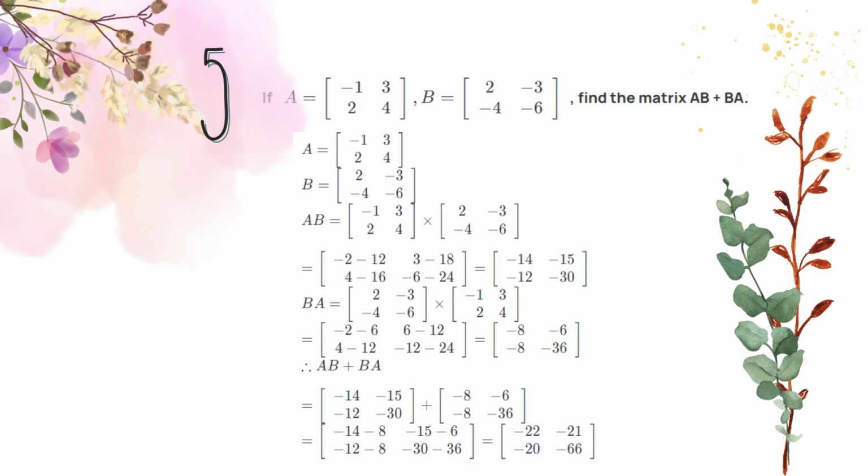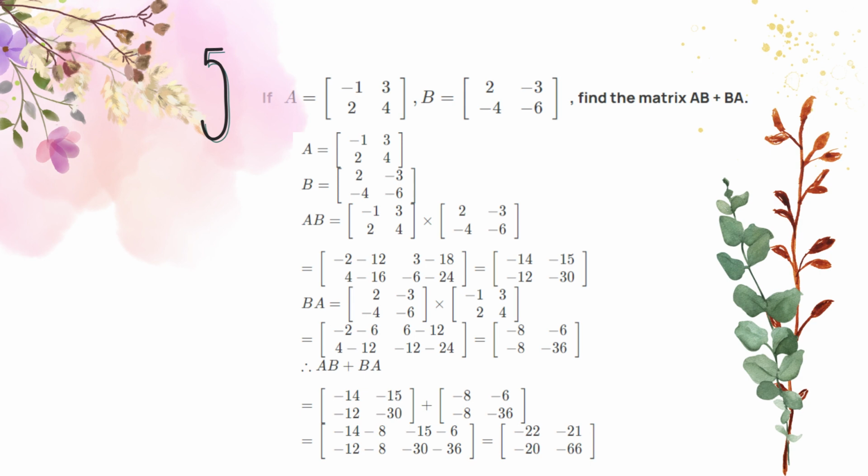BA is equal to 2, -3, -4, -6 into -1, 3, 2, 4. That gives -2 - 6, 6 - 12, 4 - 12, -12 - 24, which is equal to -8, -6, -8, -36.